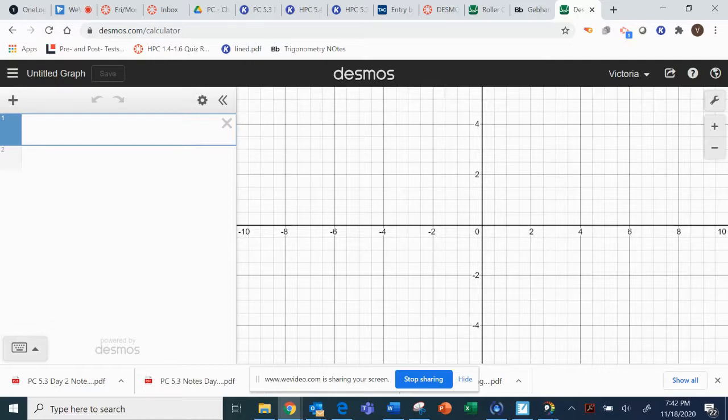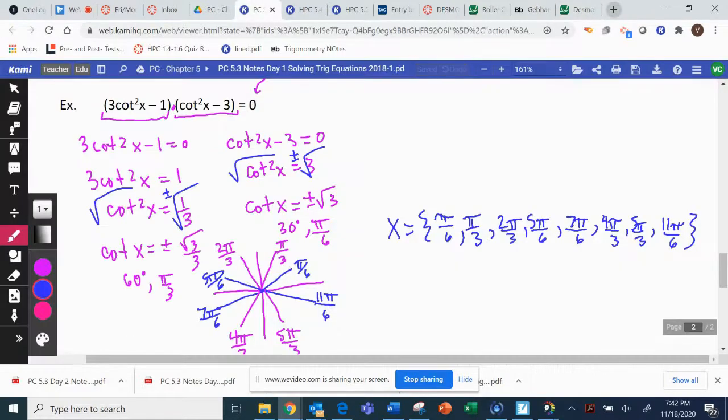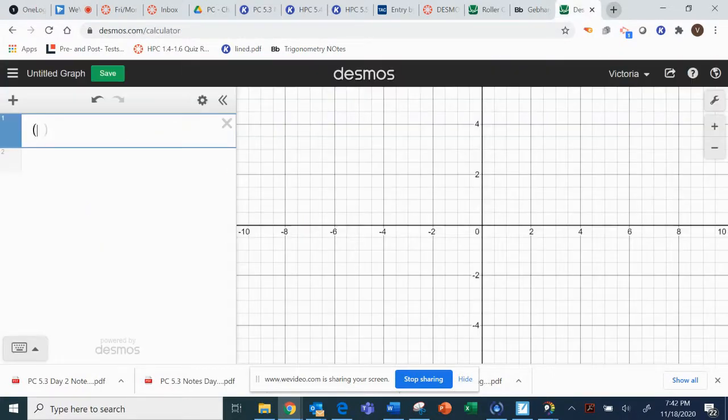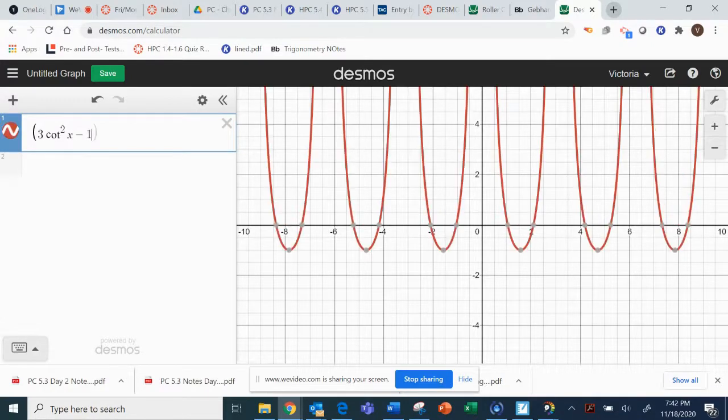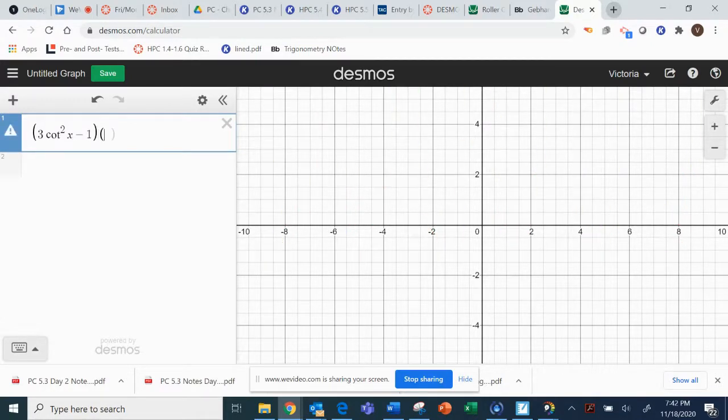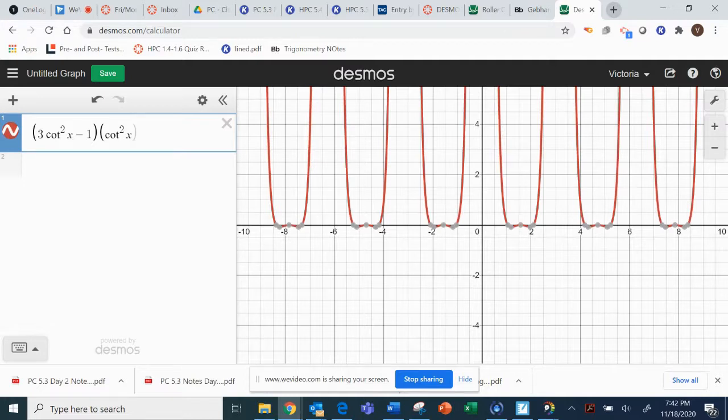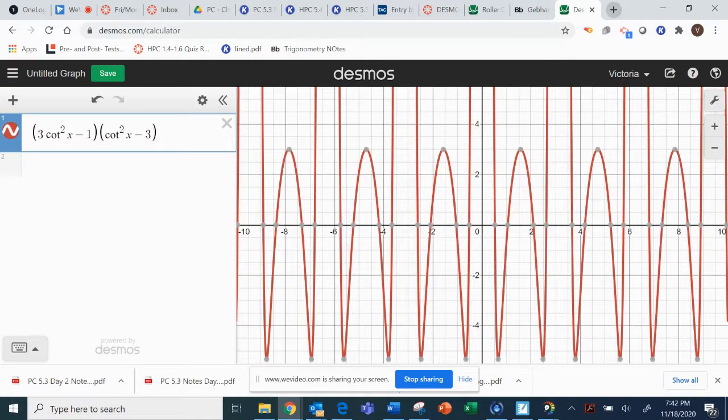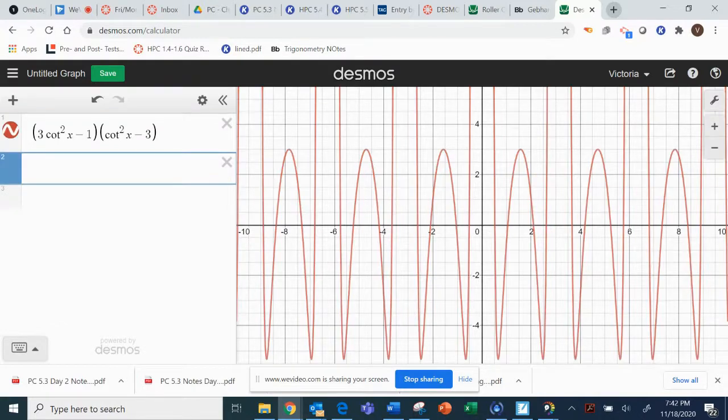So this one was 3 cotangent squared x minus 1, multiplied by cotangent squared x minus 3. And then it equals 0.